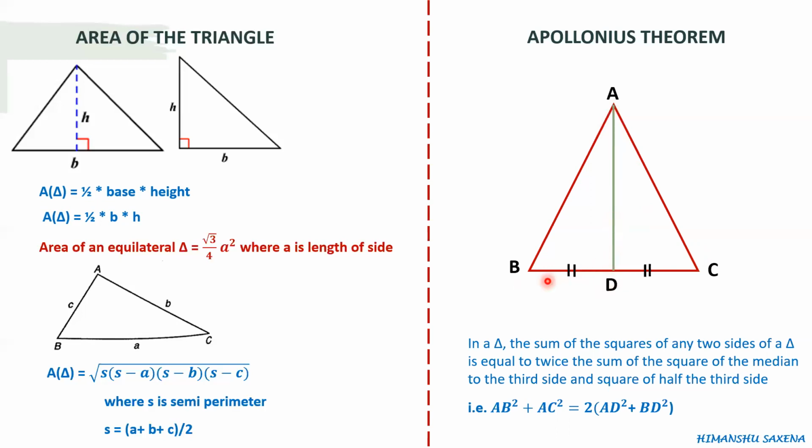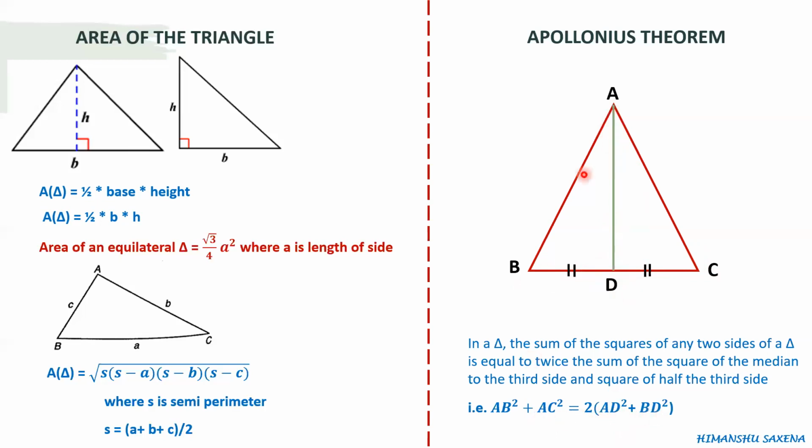This median is dividing the other side into two halves, so you pick any one half and square it, so this becomes BD square. Instead of BD, you can also say CD square, because BD and CD are the same.